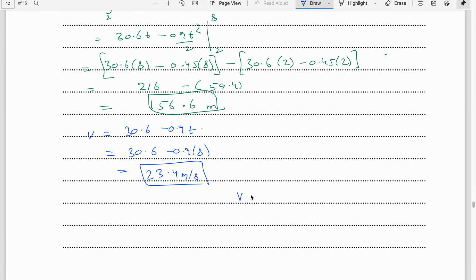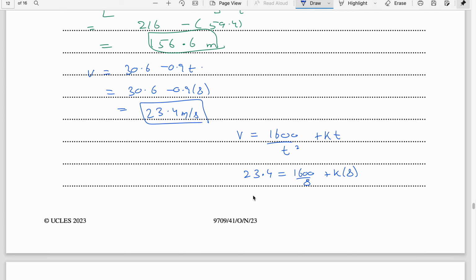So 23.4 equals 1600 over 8 squared, which is 25, plus k into 8.